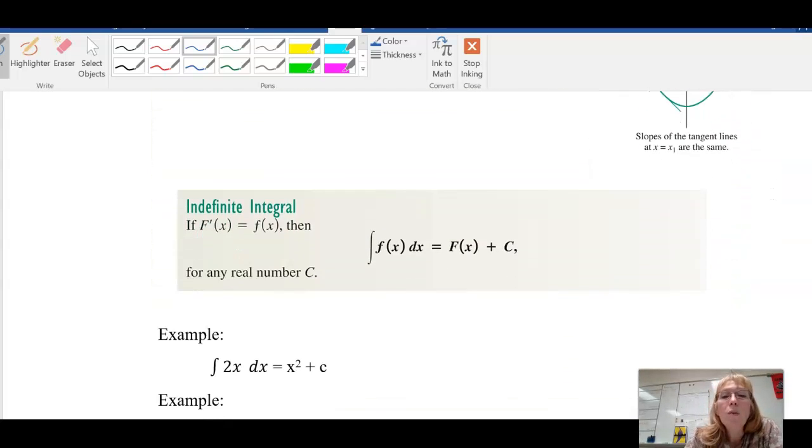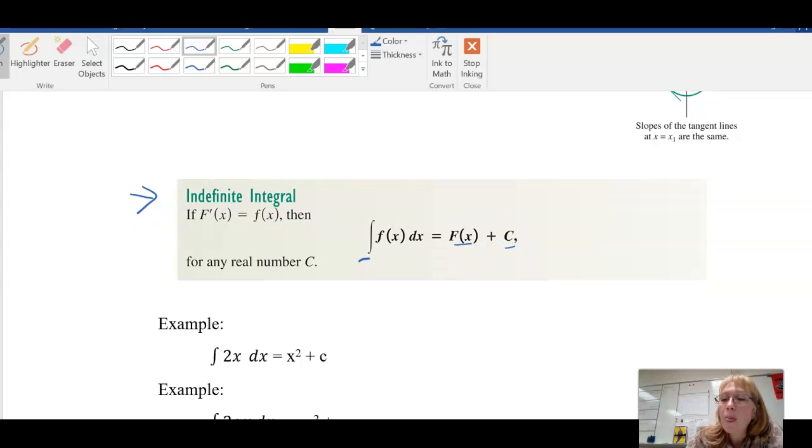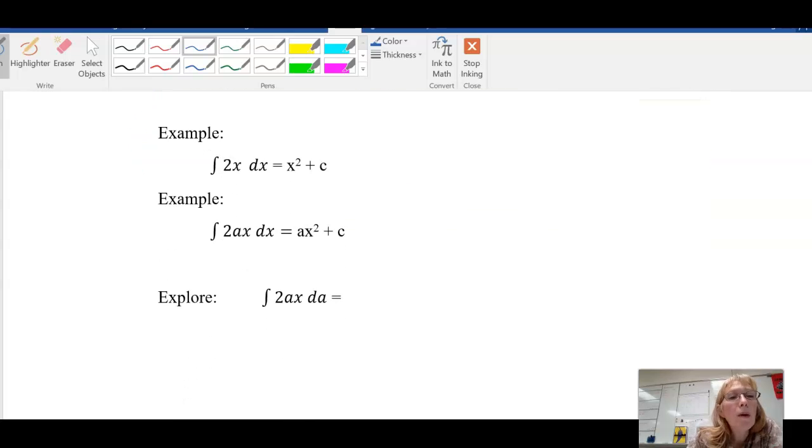So when you do an antiderivative, which is technically an integral, we're integrating. So this is an integral symbol. The integral of f of x dx gives me my antiderivative plus a constant. I know that sounds weird, but it's really not bad.